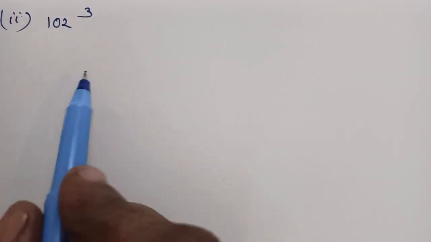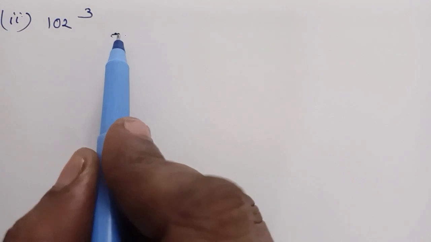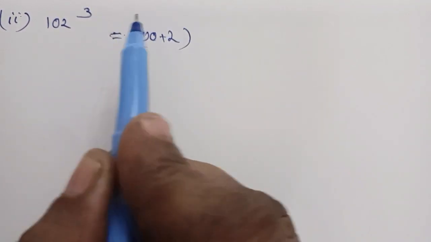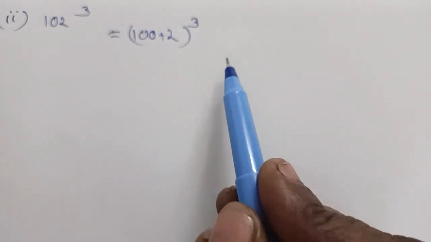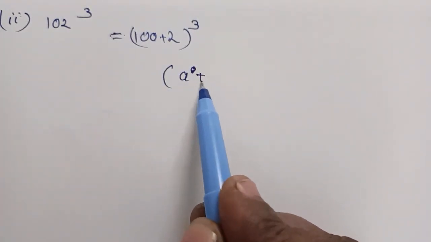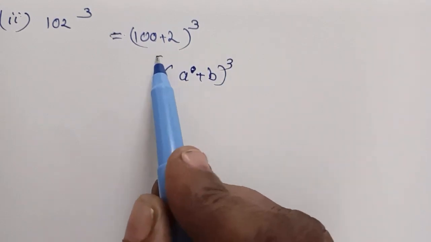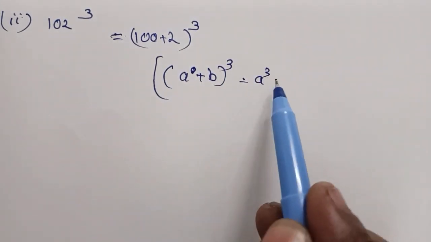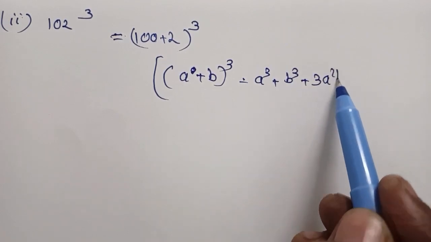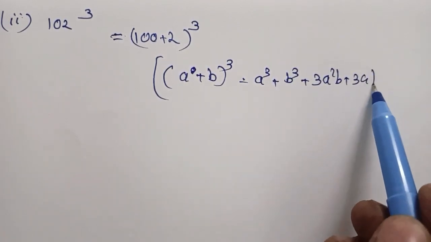Second question, 100 plus 2 the whole cube. 102 is the same as 100 plus 2, so 102 the whole cube is 100 plus 2 the whole cube. Here we are using the identity a plus b the whole cube equal to a cube plus b cube plus 3a square b plus 3a b square.